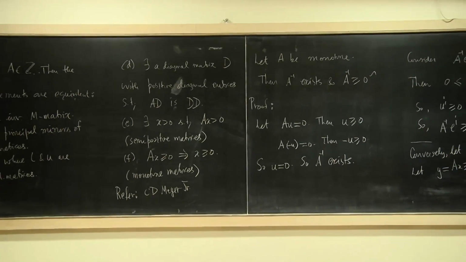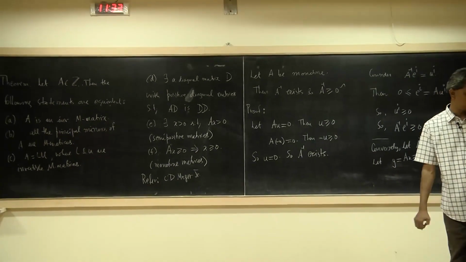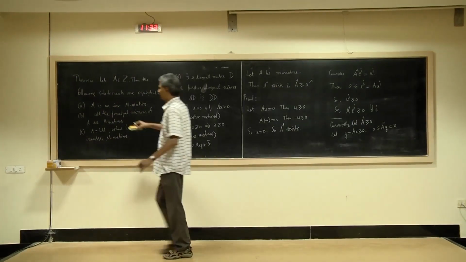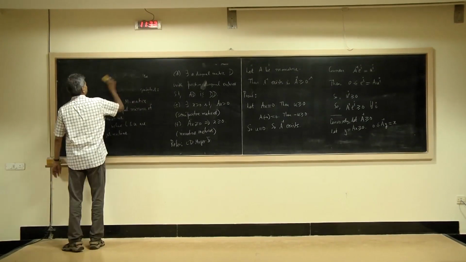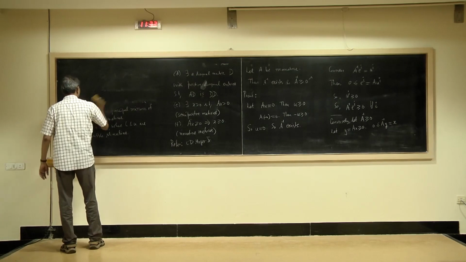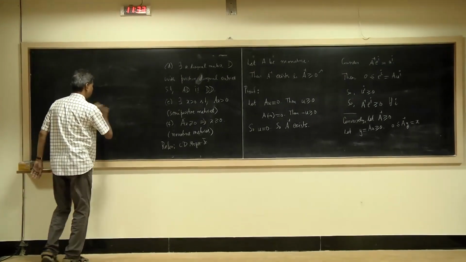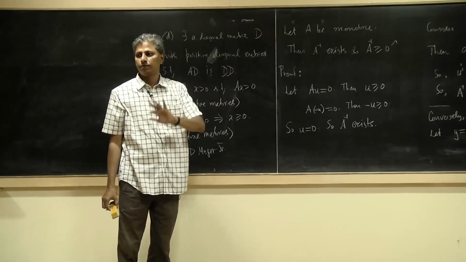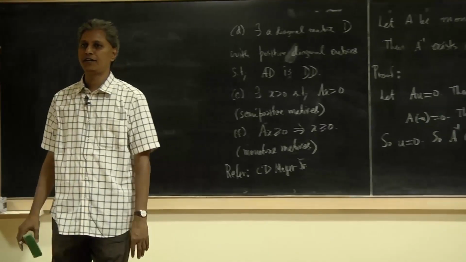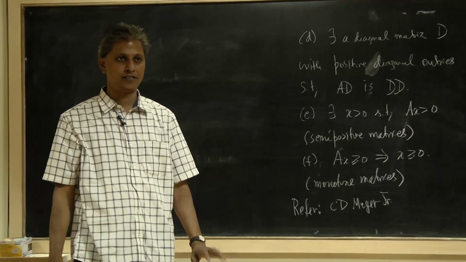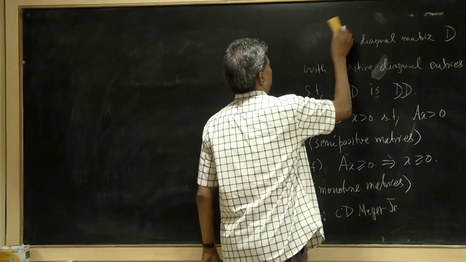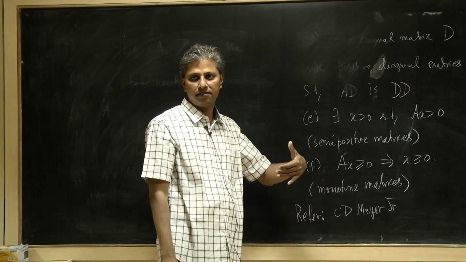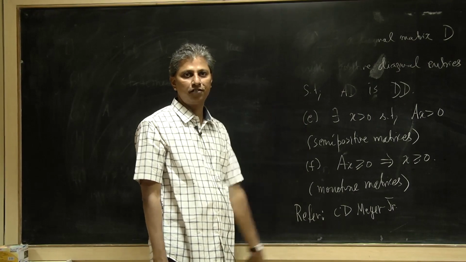I am going to only scratch the surface. The plan is to link monotone matrices to a property coming from the linear complementarity problem, which in turn gives a relationship between M matrices and this property coming from LCP.